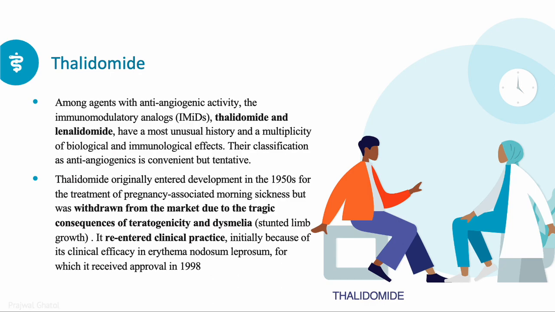It re-entered clinical practice initially because of its clinical efficacy in erythema nodosum leprosum, for which it received approval in 1998. Erythema nodosum is an inflammatory condition characterized by inflammation of the fat cells under the skin, resulting in tender red nodules or lumps.